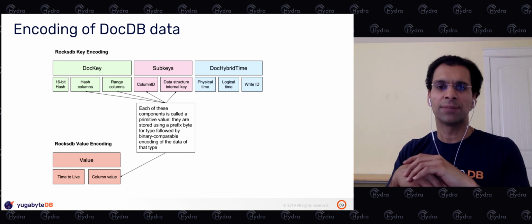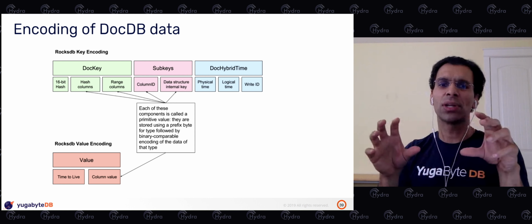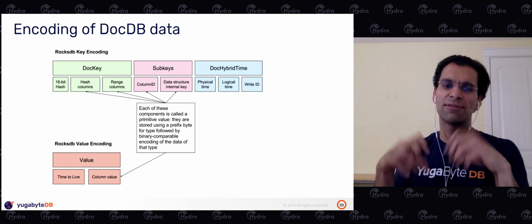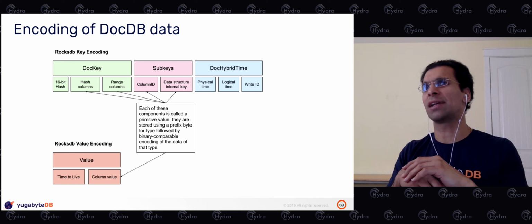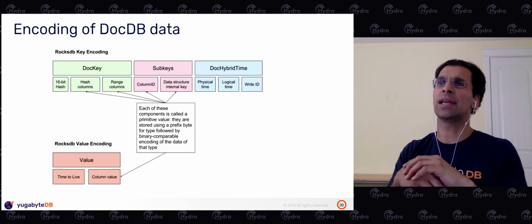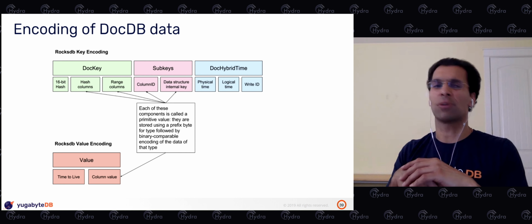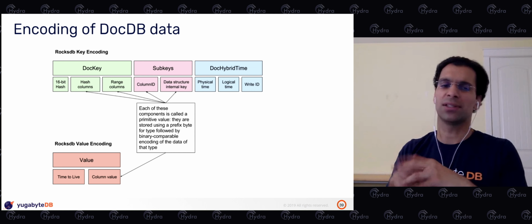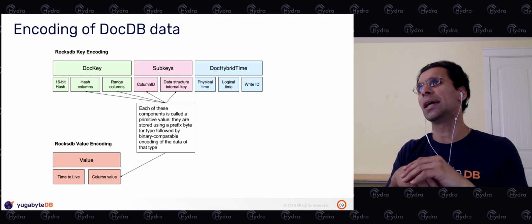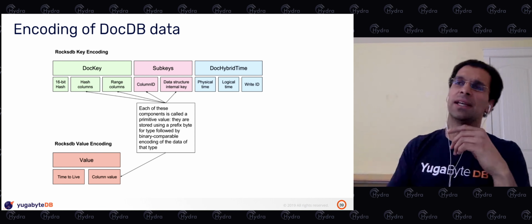And finally, this is the encoding of a key, and it points to a value, which could be the actual column value stored in the PostgreSQL format. Yugabyte also supports auto expiry of keys, so that's why we have a time to live field next to it, to know if the data has to get expired.